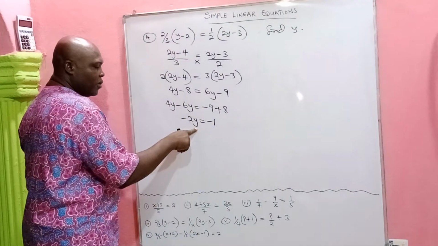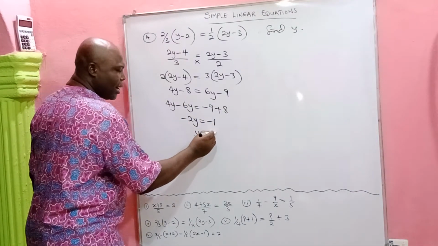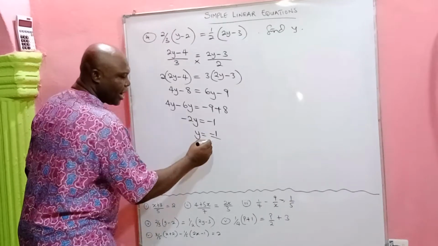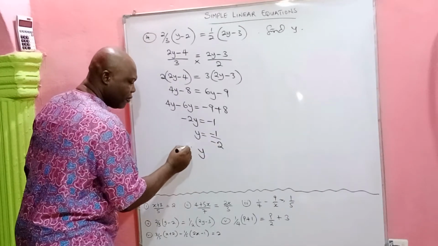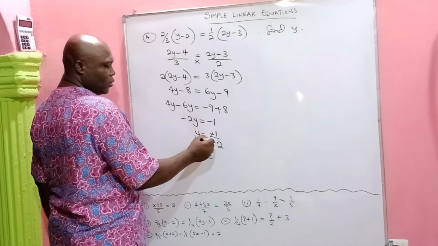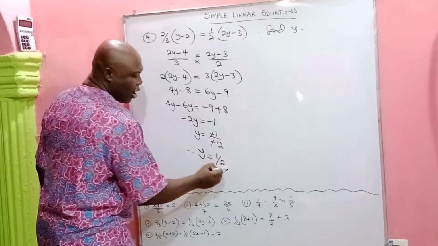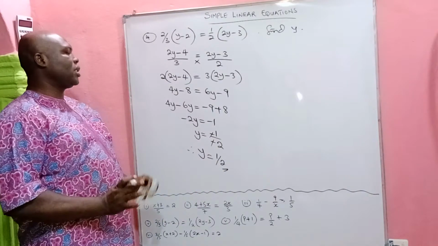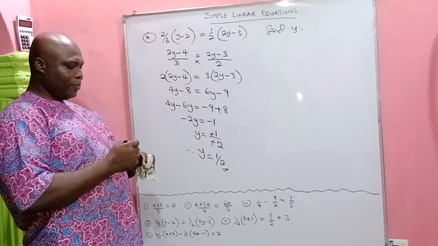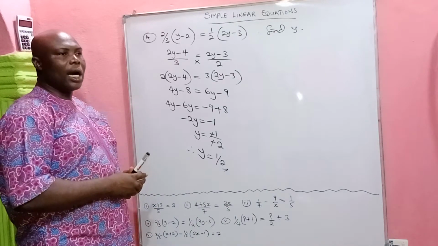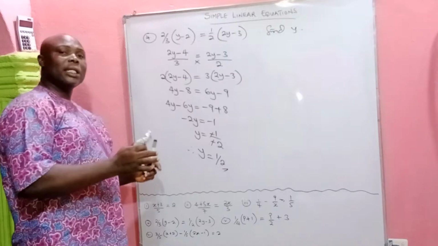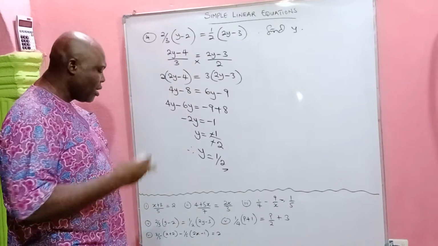Of course, we are looking for the value of y. So y will be minus 1 divided by minus 2. Therefore, your y will be equals to, minus crosses out, so we have half. And y is 1 all over 2, which is half. So it's that simple. You have to be very technical when you're solving simple linear equations that have fractions.